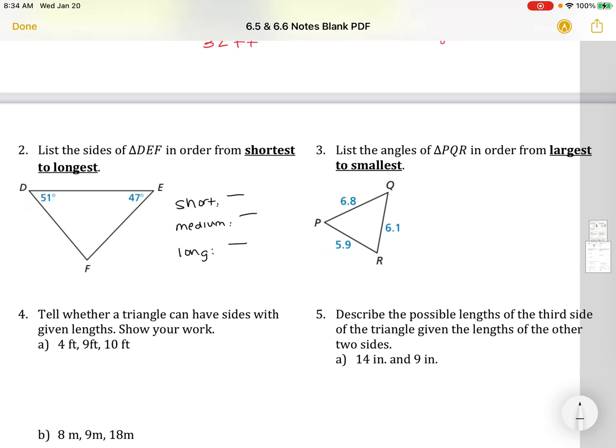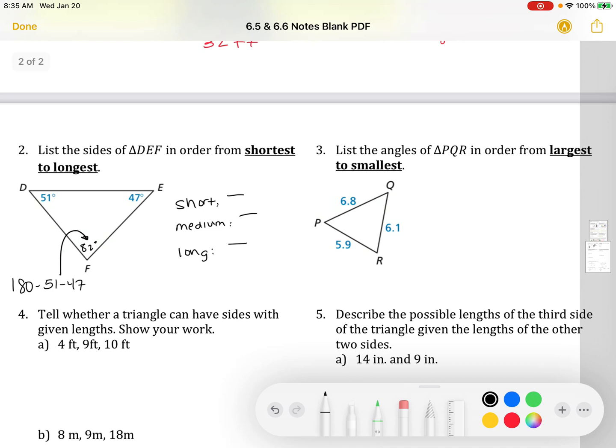But before I can do that, I have to know how big all my angles are. Angle F is missing, but triangles add up to 180. So if I take 180 minus 51 minus 47, I can quickly figure out how many degrees that is. 180 minus 51 minus 47 is 82 degrees.